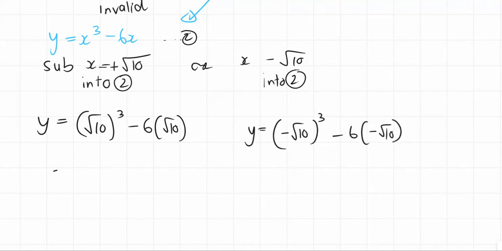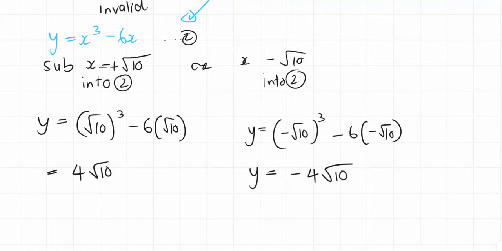Look, this one on the left, square root 10 to the power of 3 minus 6 times square root 10. I'm just going to put that all in the calculator. And for this one, I get 4 square root 10. And then on the right-hand side, just change the negatives. And this will be negative 4 square root 10.